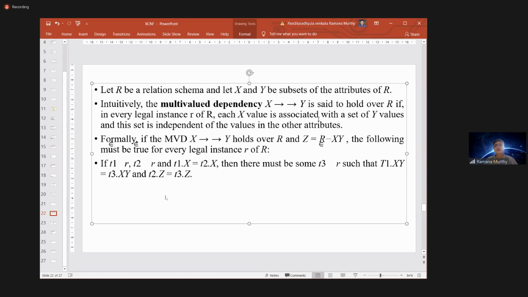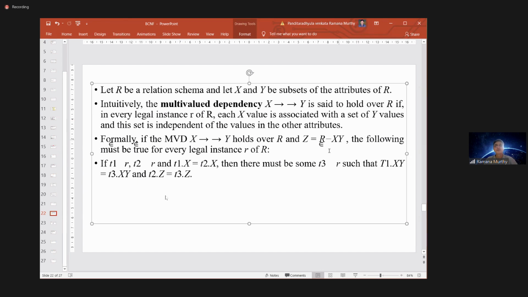Previously X was associated with a single value, whereas here, for a single X value, you have a set of Y values.